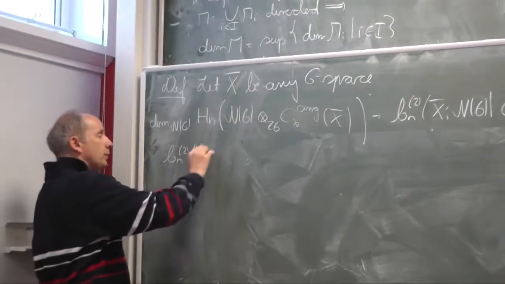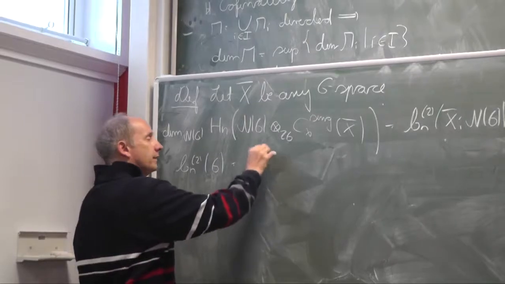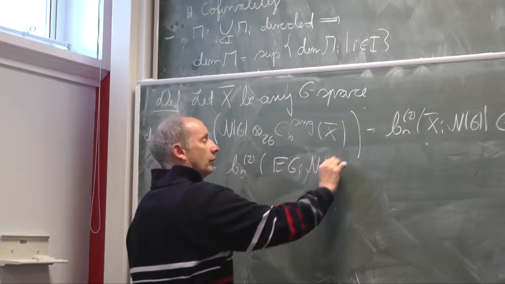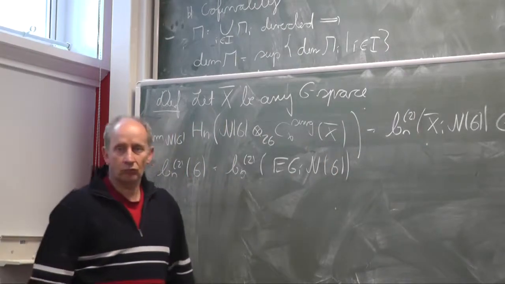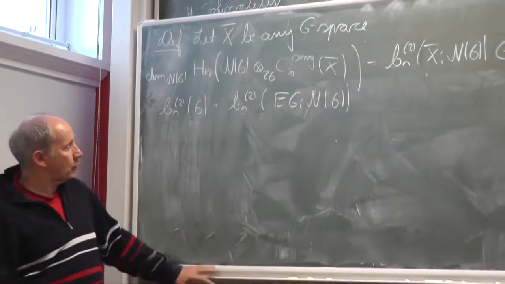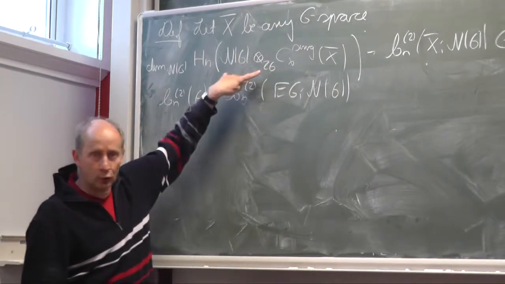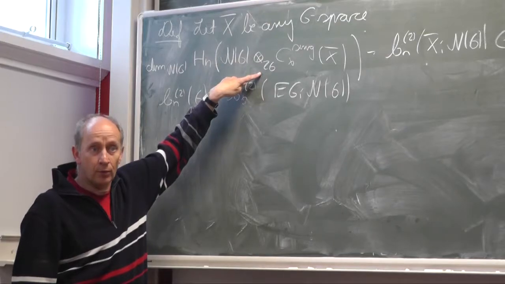And now for a group, it's clear what I will do. When I write down a group, I just take this number for the classifying space of the space G, the total space of the universal G bundle. And it's also, for instance, now clear this is a homotopy invariant, because the homology is.